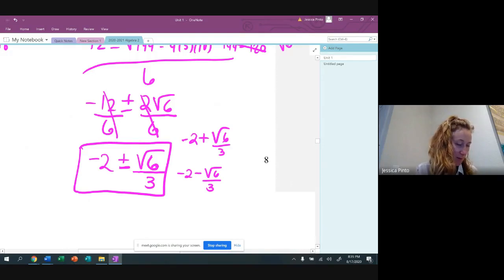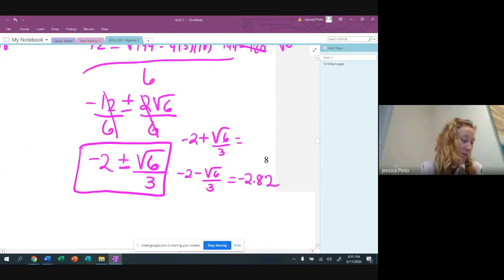Okay. Starting with the 6. 6 in the square root divided by 3. I'm going to make it negative. And then I'm going to subtract 2. I got -2.816. So I'm going to round that to -2.82.